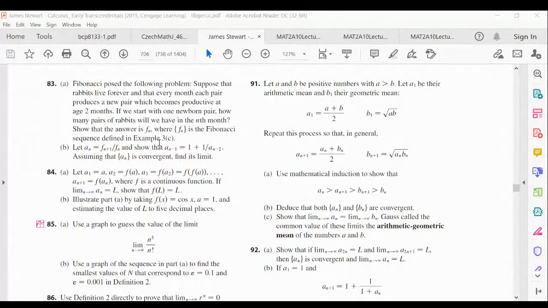Okay, so the number 1 is a pair, right? So each Fibonacci number refers to a pair of rabbits, right? I just want to have a look at the notes again. So just give me a second.